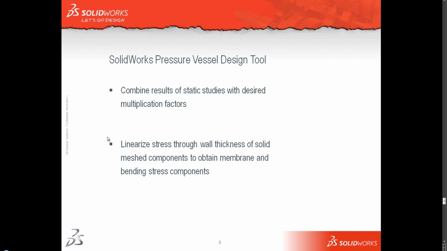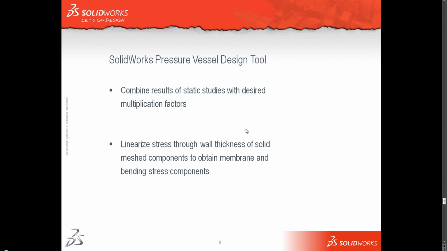Any geometry can be used within the pressure vessel design study, and so we can combine different loading conditions for any geometry, so it doesn't specifically tie us down to designing pressure vessels. So for those of you that perhaps may have overlooked it, you can set up studies for any design and combine those linearly or using the square root of the sum of squares to analyze your model, including multiple studies.